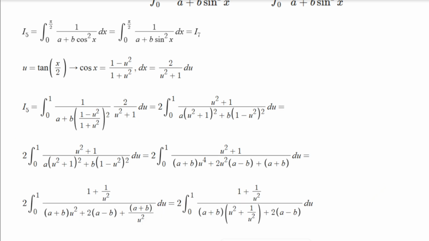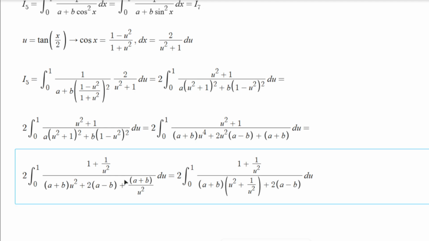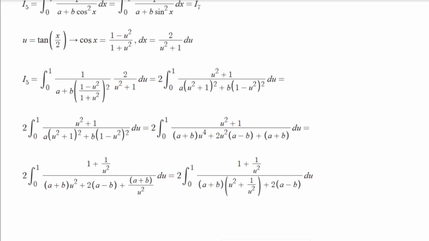So next, it looks like I divided the top and the bottom by u squared. And that might seem strange, but you'll see why I did that later. And then I grouped this a plus b times u squared plus 1 over u squared. And then we're just left with this 2 times a minus b. So I just regrouped it there.